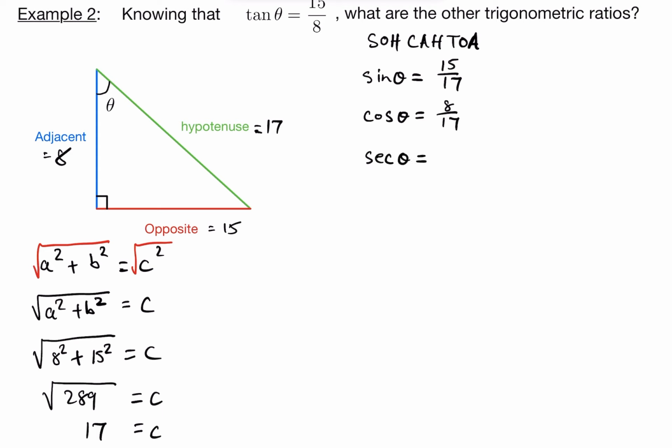Secant of theta is the inverse of cosine, so we know that's going to be 17 over 8. Cosecant of theta is the inverse of sine, so that's going to be 17 over 15. And then cotangent of theta is going to be the inverse of tangent, so that's going to be 8 over 15. Okay, so those are our answers for example number 2. So let's go ahead and move on to example number 3.